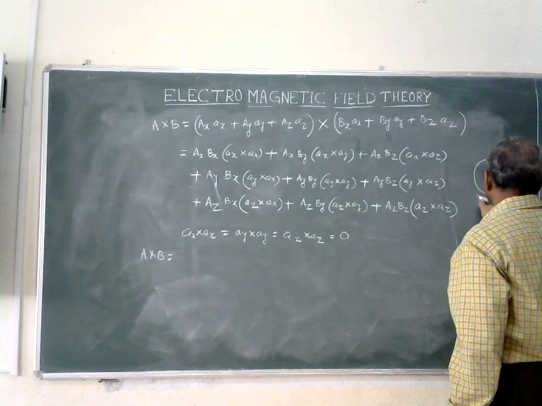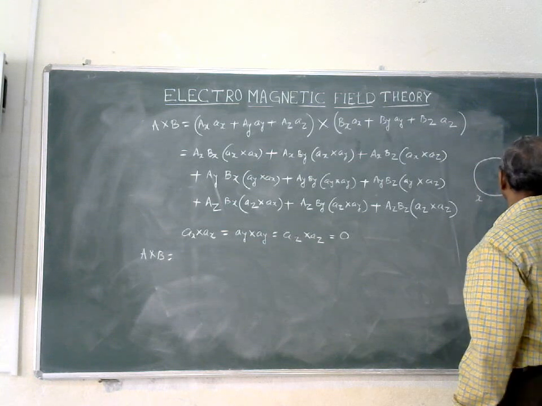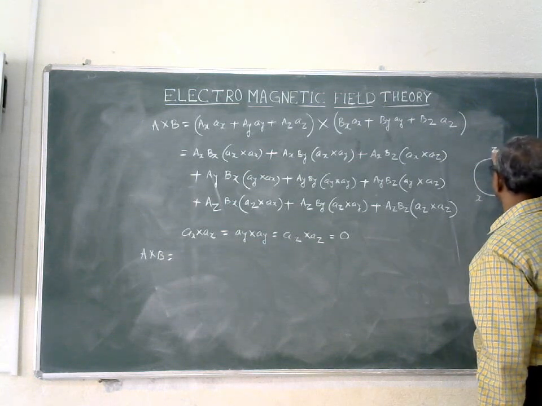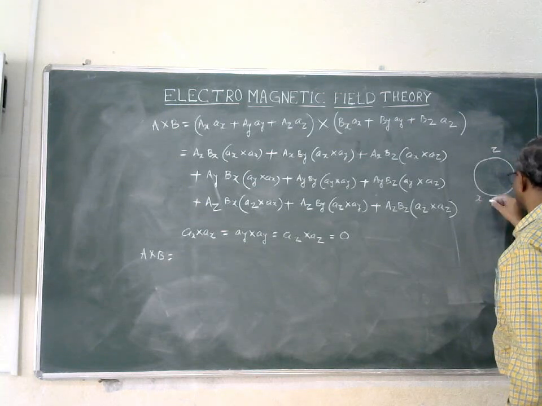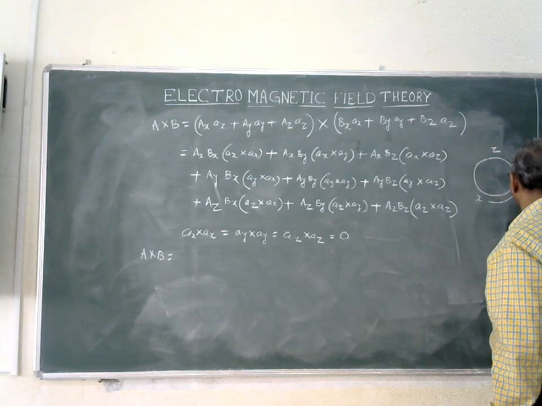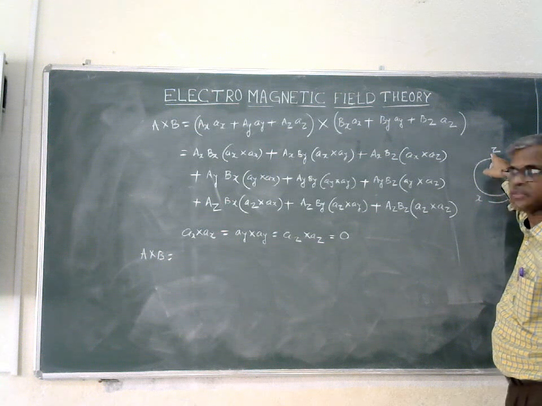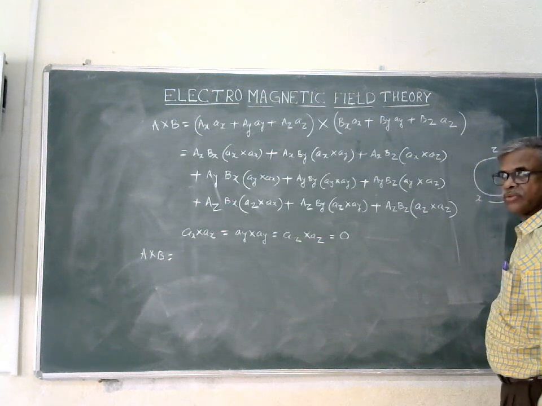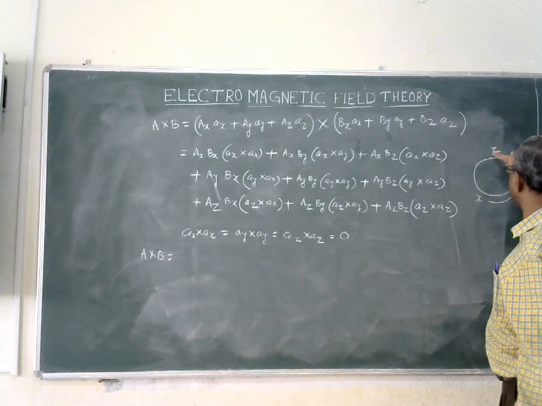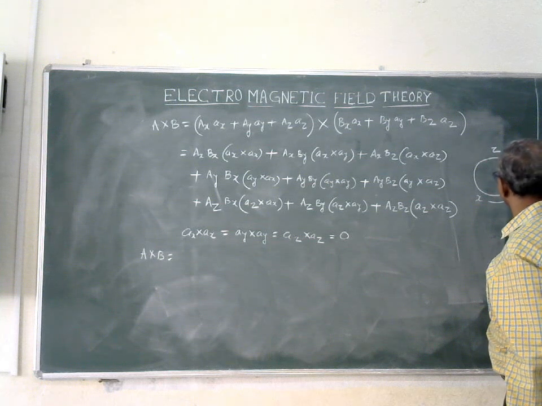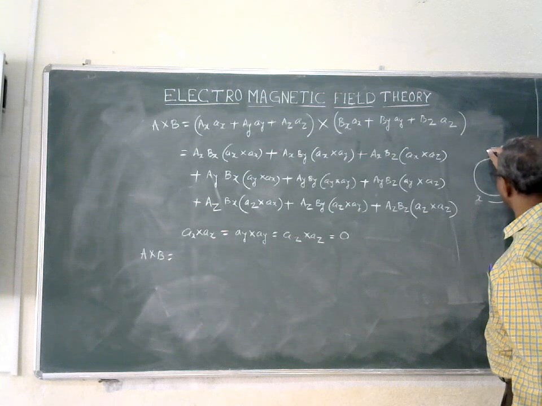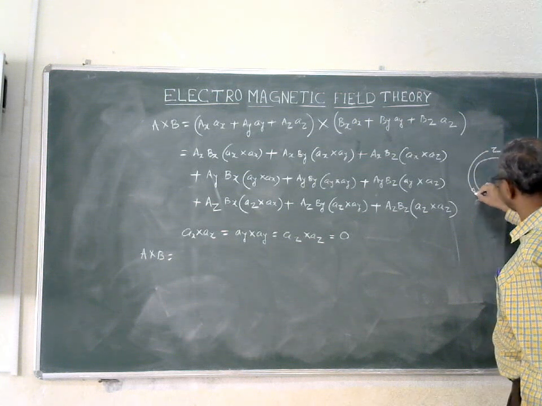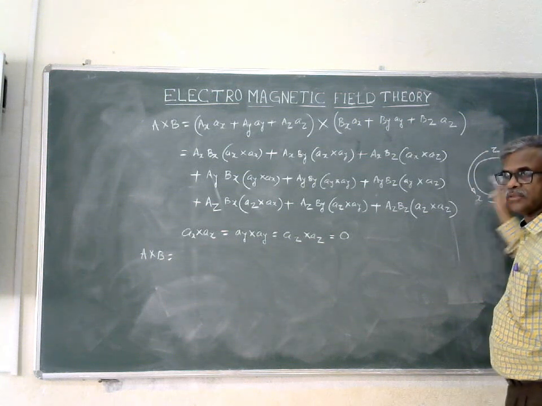This is X, this is Y, this is Z. When X is rotated towards Y, you get Z. When Y is rotated towards Z, you get X. When Z is rotated towards X, you get Y.